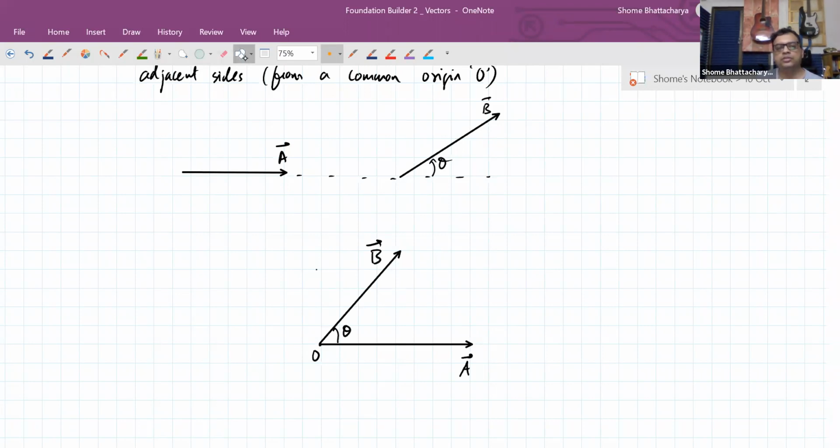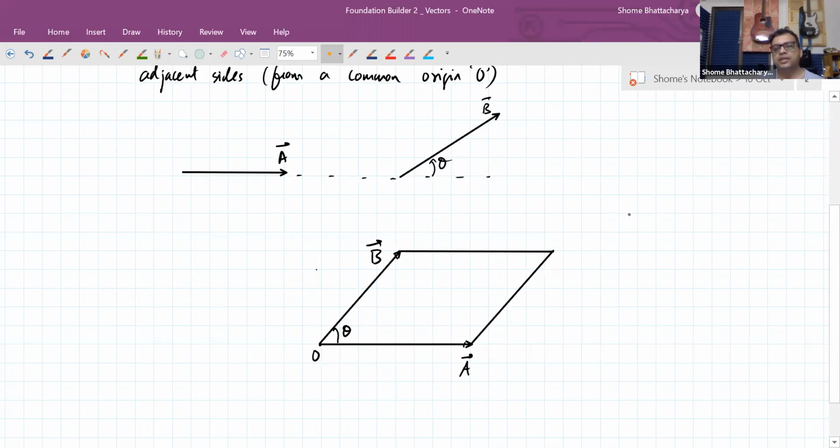So now we draw one side parallel to A from here, one side parallel to B from here, and the resulting figure that we get becomes a parallelogram for us. So this is called the vector parallelogram constructed using A and B, because A and B are adjacent sides of the parallelogram and they have a common origin.